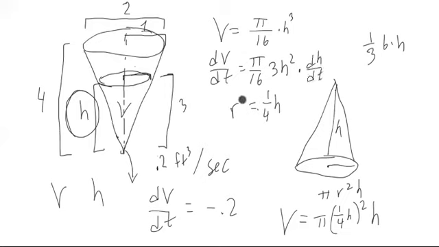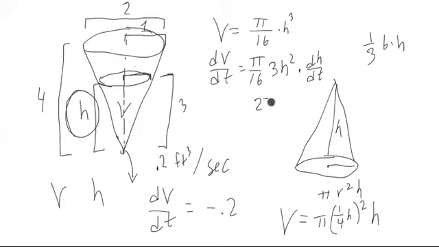Now, to find dH/dt, at this particular instant in time, H is 3. Since H is 3, you can plug that in: 3 squared is 9, times 3, so 27.